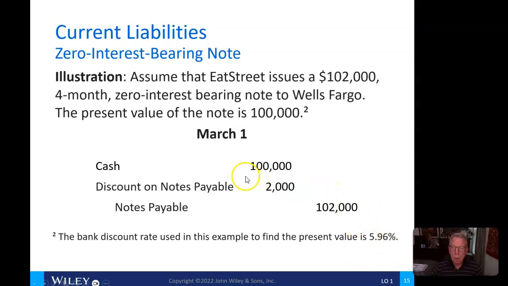So on March 1, we're going to get our $100,000. We're going to create a discount on notes payable for $2,000 and credit notes payable for $102,000. That's on March 1.